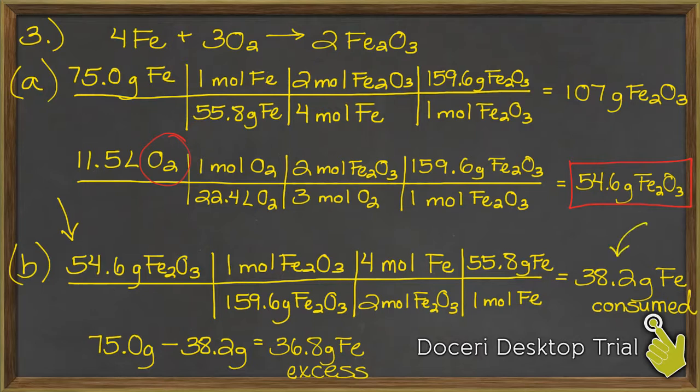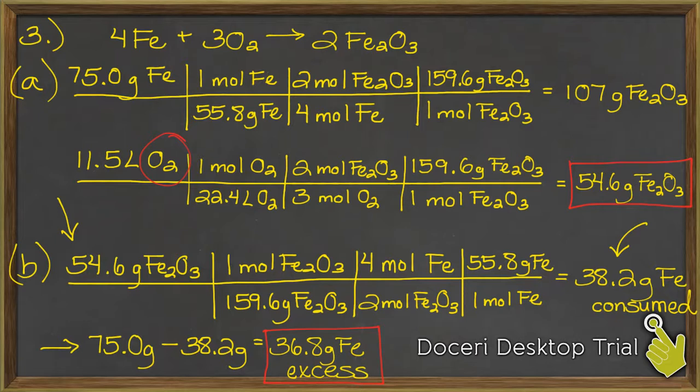This number represents how much iron was consumed in the reaction. Down here at the bottom, I know I began this reaction with 75 grams. I consumed 38.2, which means I have 36.8 grams left unreacted, in excess.